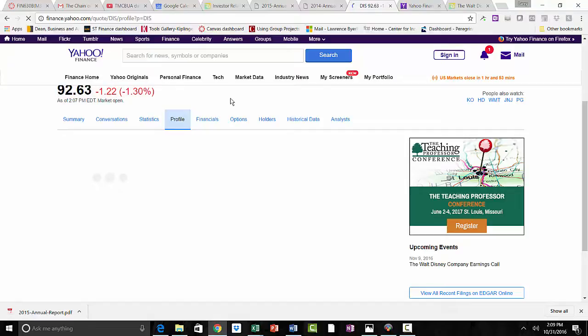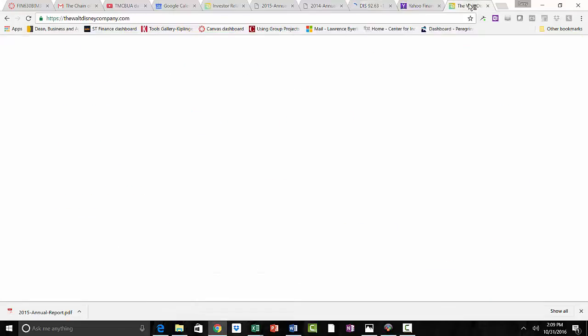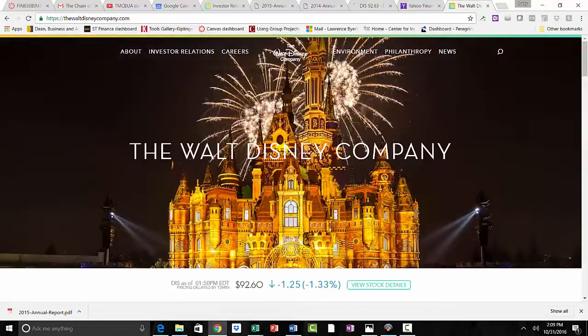And what we will find when this loads is in the left-hand corner here, we have information about the company, and here is the website. So when you click on that website, it will take you here to Walt Disney. This is the company website. It's not the park website.